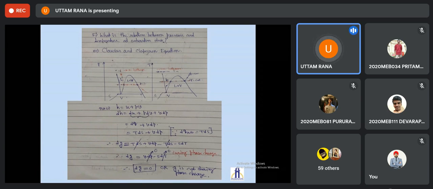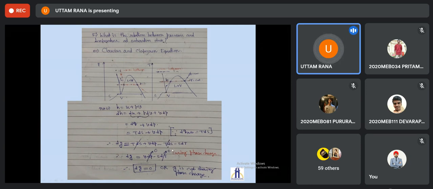Now what is dH? dH is basically TdS plus VdP. So as a whole, dG is TdS plus VdP minus the derivative of TS, which is TdS plus SdT. So TdS will cancel out. So what we'll get is dG is equal to VdP minus SdT.